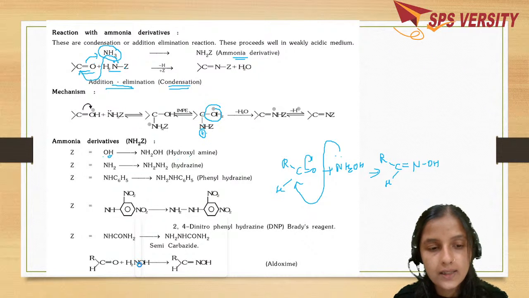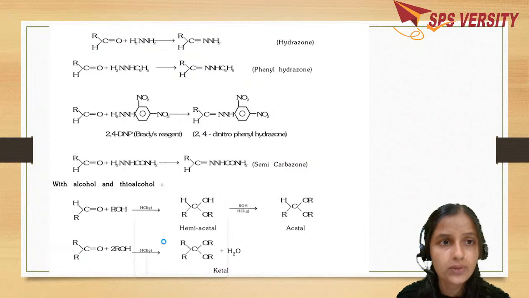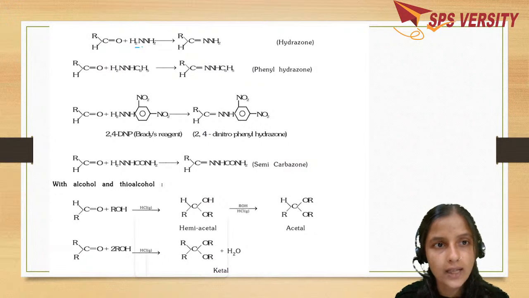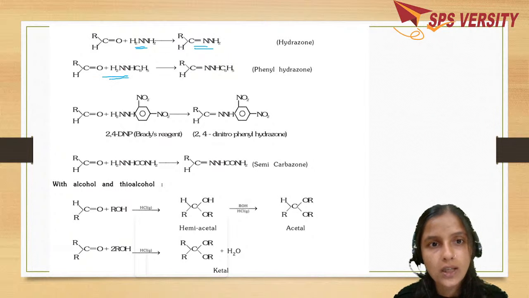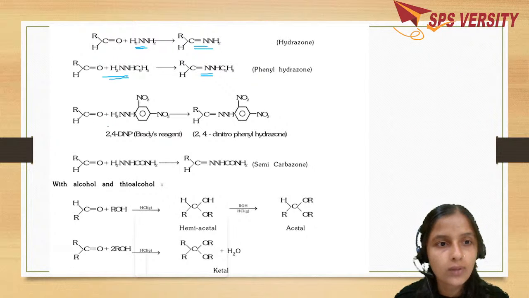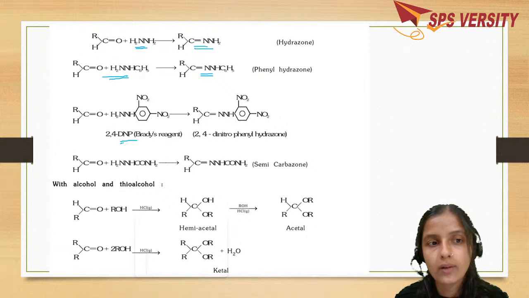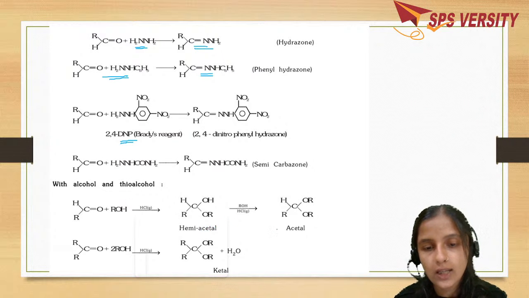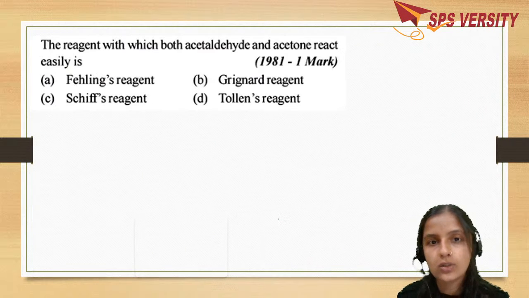So when the aldehyde is treated with hydroxylamine, you get aldoxime. If the aldehyde is treated with hydrazine, you're going to get the C double bond N hydrazone. And if you treat it with phenylhydrazine, you're going to get phenylhydrazone. And if you treat it with 2,4-dinitrophenylhydrazine, which you have done in the laboratory, you are going to get the 2,4-dinitrophenylhydrazone. And then with alcohols and thioalcohols, you can get the acetal, hemiacetal, and the ketal. So these are the products.